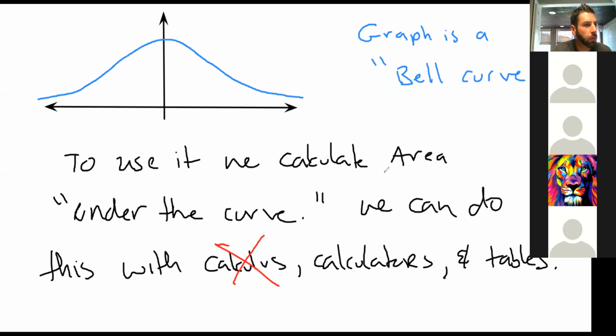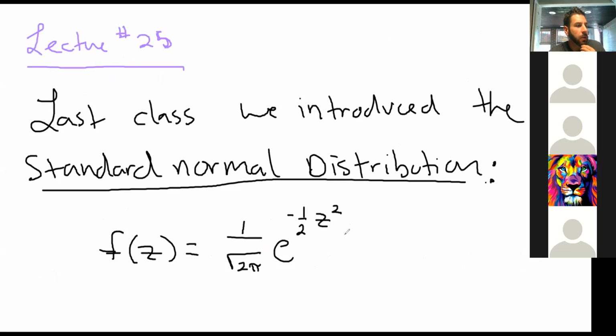Now, let me label a few points here because it's actually important. So that point is the point 0, 1. Or excuse me, not 0, 1, but 0. When I plug 0 into, if I go to the previous page, look at this function.